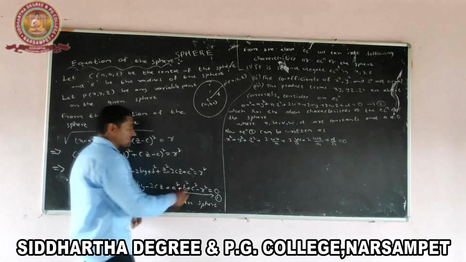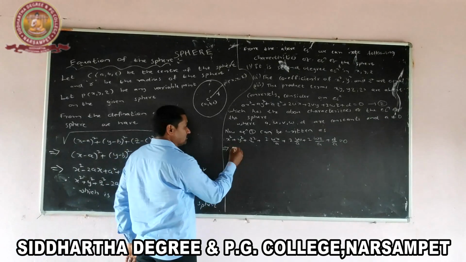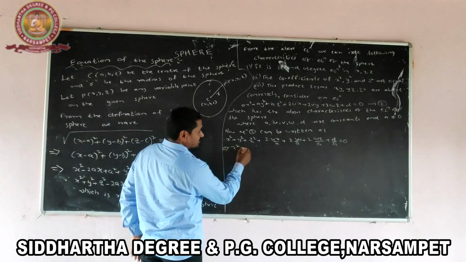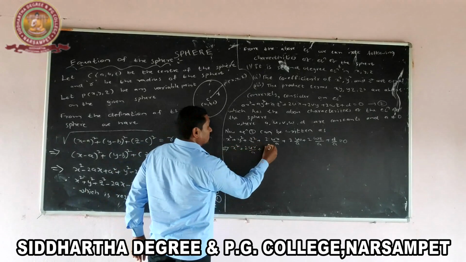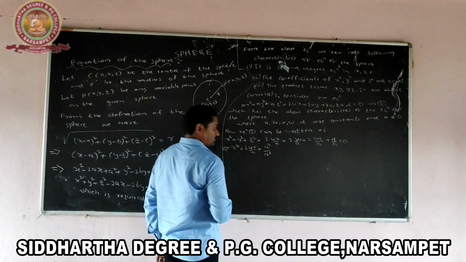So for this I am adding the term: x square plus 2 into ux by a plus u square by a square.